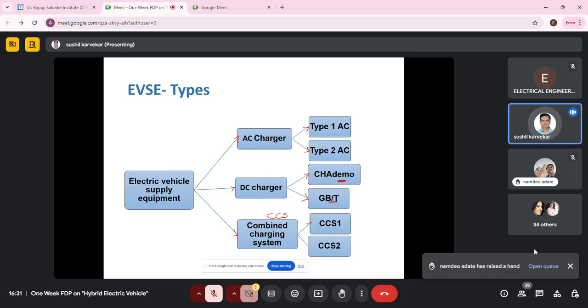And finally, if it's a combined charging system, it means it is going to support both AC and DC. In that case, the word combined charging system is used. So EVSE has AC charger, bifurcated as type 1 or type 2; DC as CHAdeMO or GB/T; and in case of CCS, it will support both AC as well as DC voltage ratings.